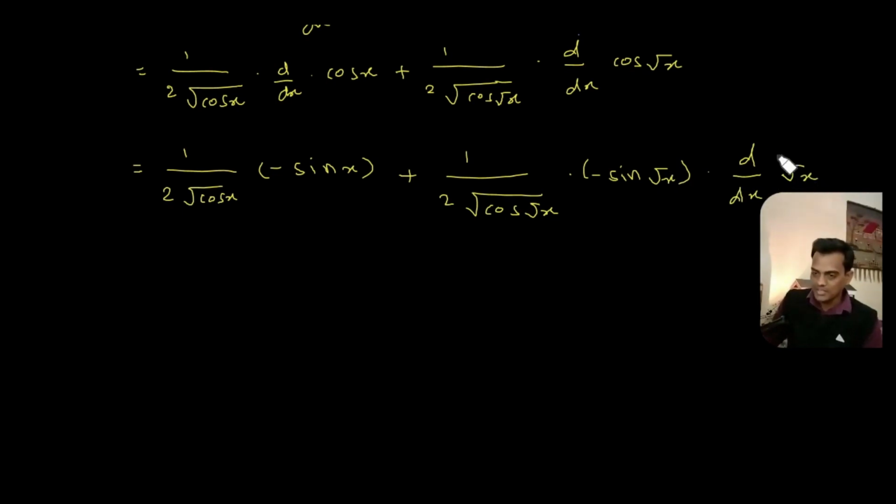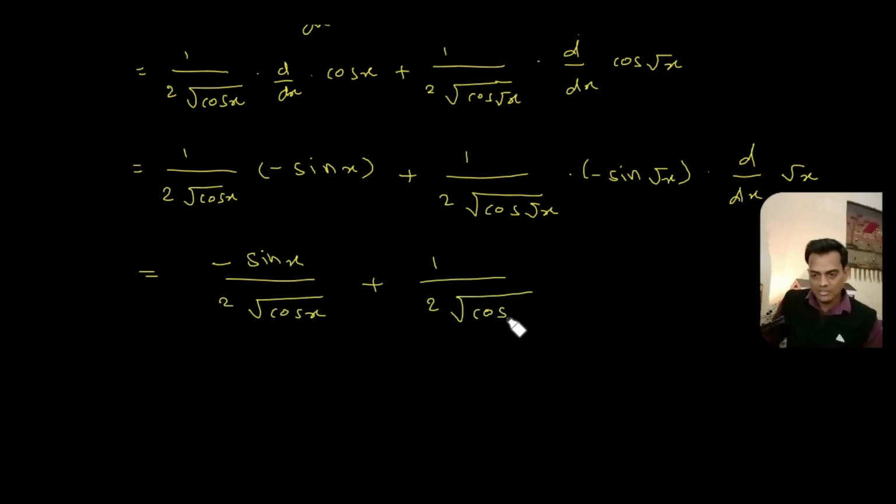Just we have to calculate the derivative of this function, put here, and then the solution will be with us. So minus sine of x divided by 2 square root of cos x plus 1 upon 2 square root of cos square root of x into minus sine of square root of x into 1 upon 2 square root of x.